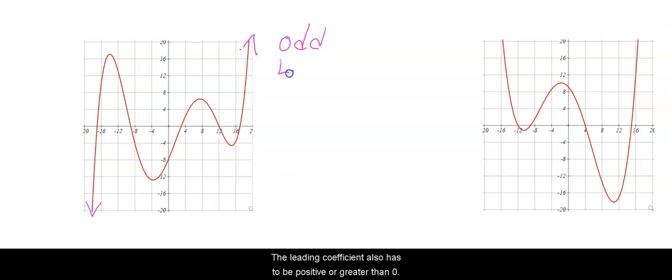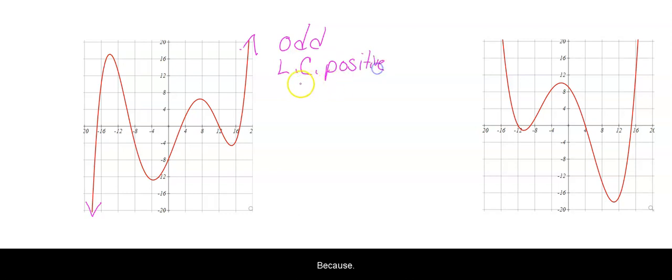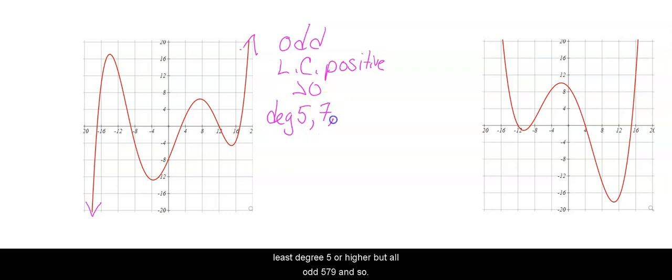The leading coefficient also has to be positive, or greater than 0, because I have a down on the left and up on the right, meaning it's generally going uphill. What's the degree it could be? I've got 1, 2, 3, 4 turnarounds, so it has to be at least degree 5 or higher, but all odd: 5, 7, 9, and so on.